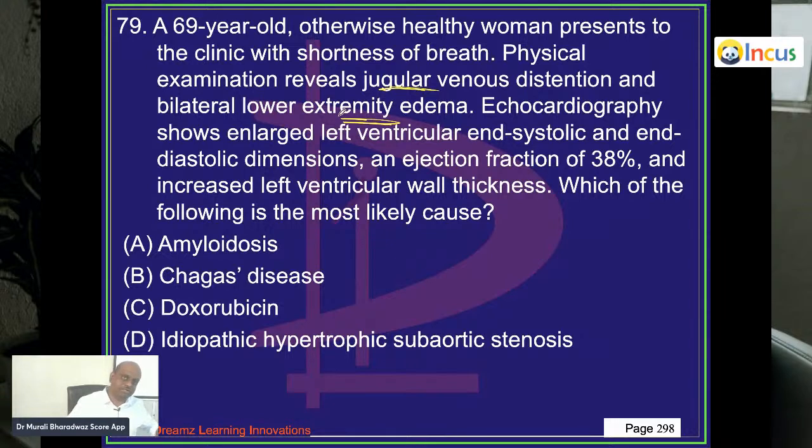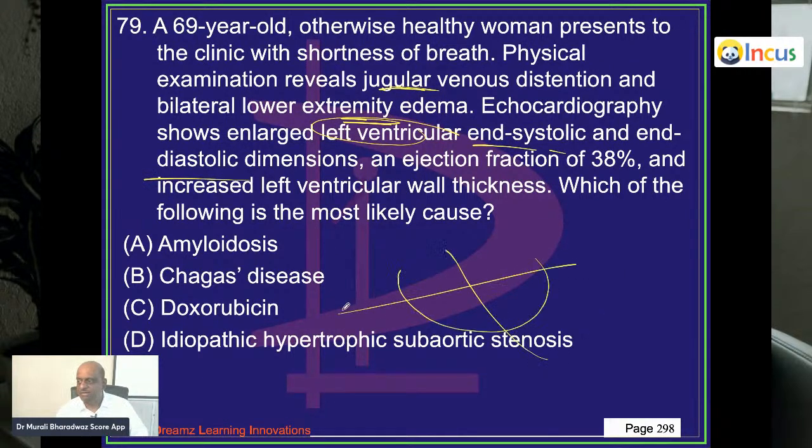Bilateral pleural effusions is a feature of left heart failure. Right? So, bilateral lower extremity edema. Echo shows enlarged left ventricular end systolic and diastolic dimensions. That means the heart is not able to pump adequately. Ejection fraction is 38%. Increased left ventricular wall thickness is there.